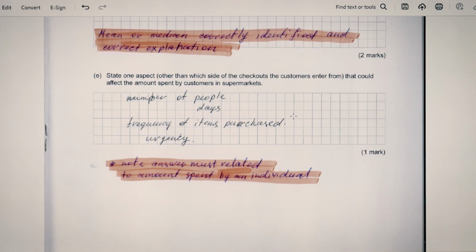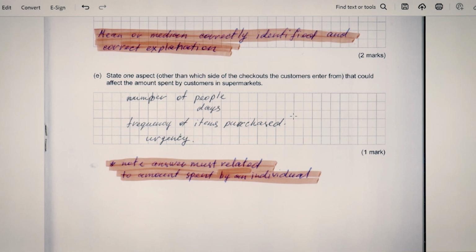And the last bit, state one aspect other than which side of the checkout the customers enter from that could affect the amount spent by customers in supermarkets. So again, some reasonable answers, and students again were creative. Some put that items are on sale, so people were coming and spending more money, buying more of those products.